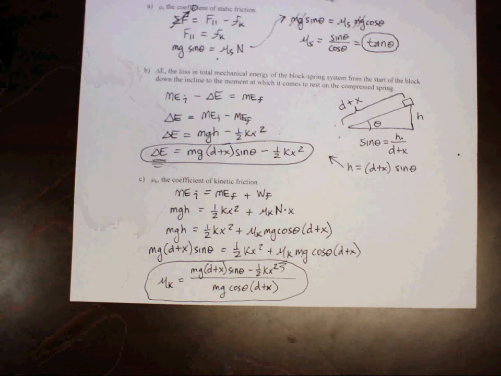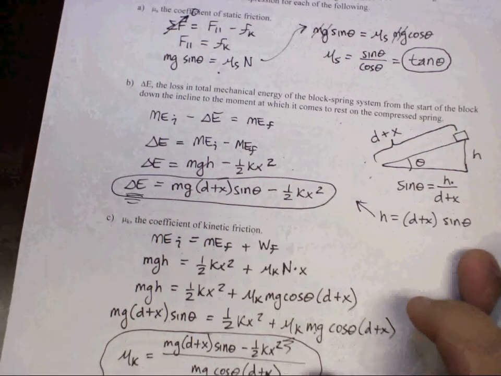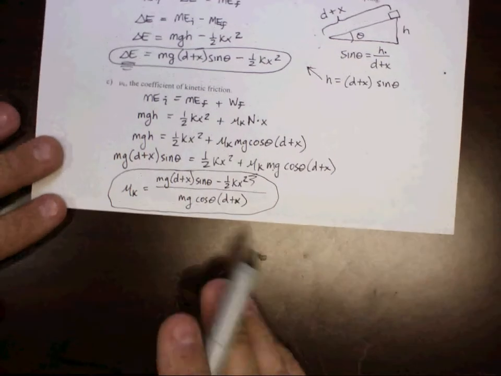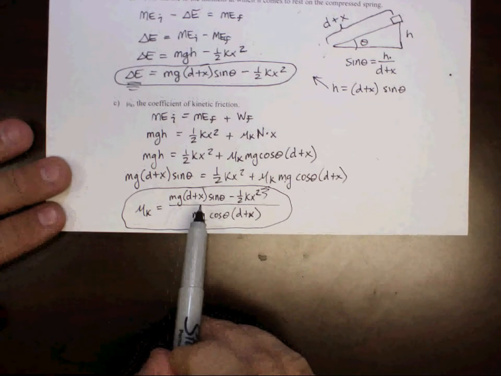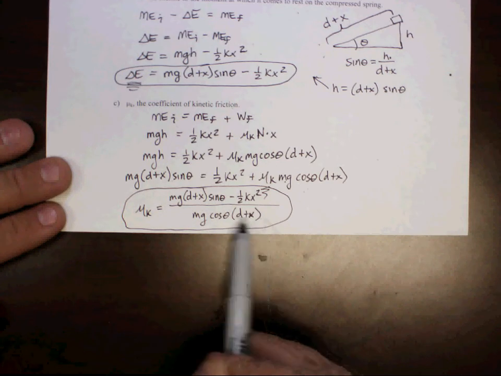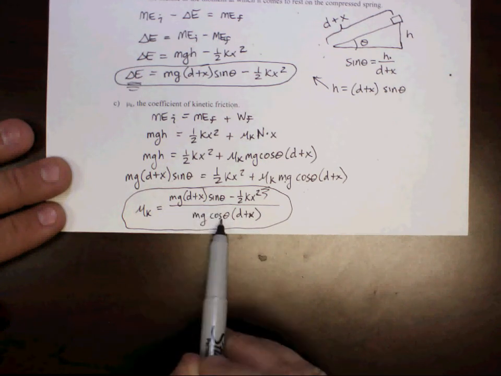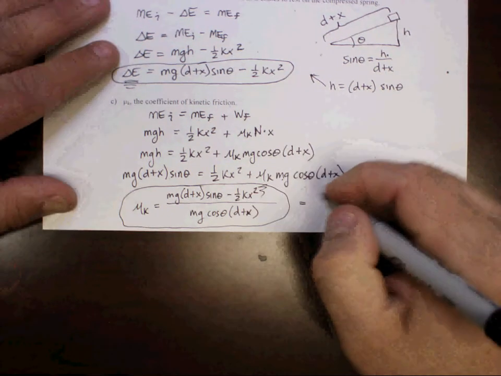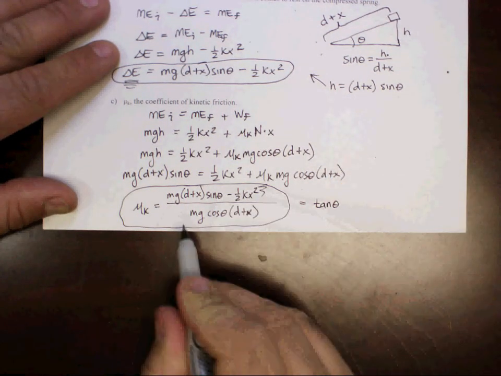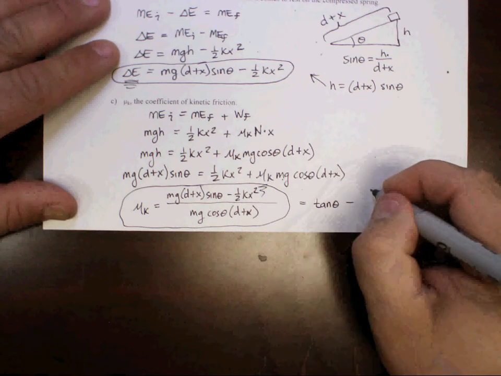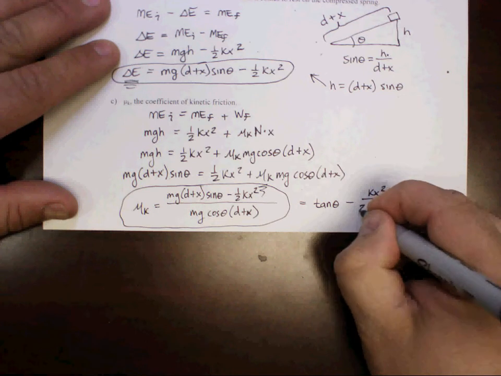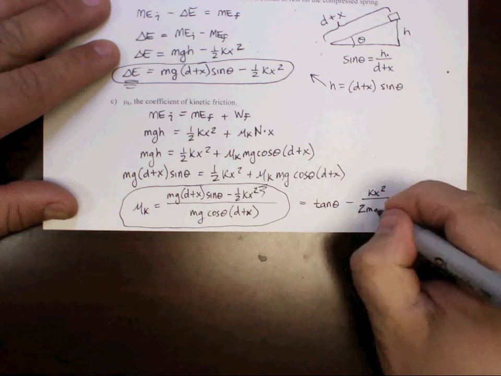All right? Now, I want to remind you that we then have, what is h? Well, it was mg d plus x times sine of theta equals 1/2 kx squared plus mu k mg, it's kind of long, cosine theta d plus x. And now we just have to get that variable by itself, which is not the easiest thing to do, but I think we can do it.